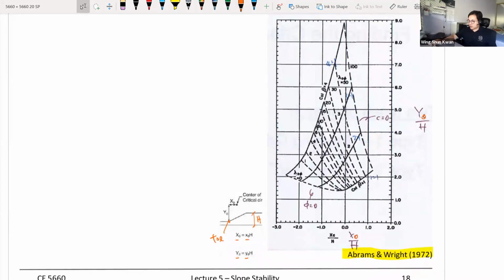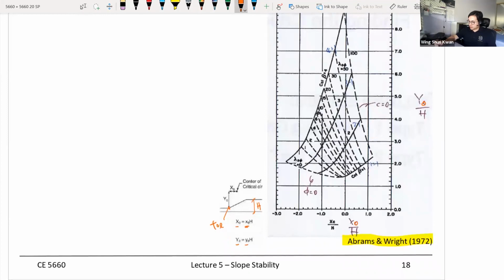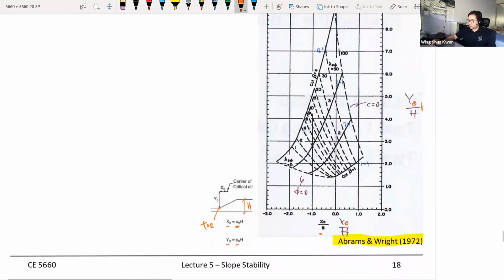So pretty much you're solving for x0 and y0 there. So you give ratios on this x-axis and y-axis, and depending on the friction angles of the soils you're dealing with, if you have a friction angle of 30 degrees or 40 degrees in general, then you pick the friction angles.